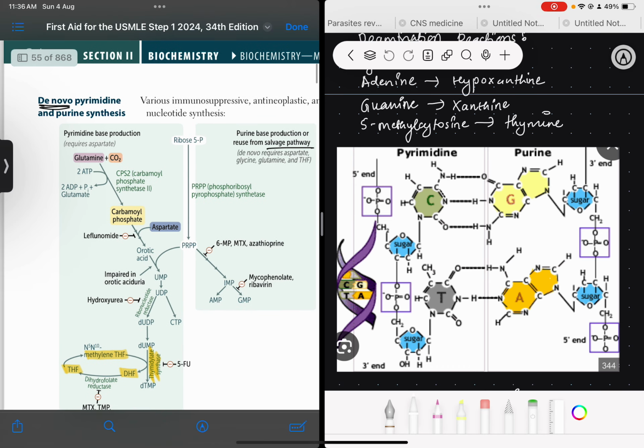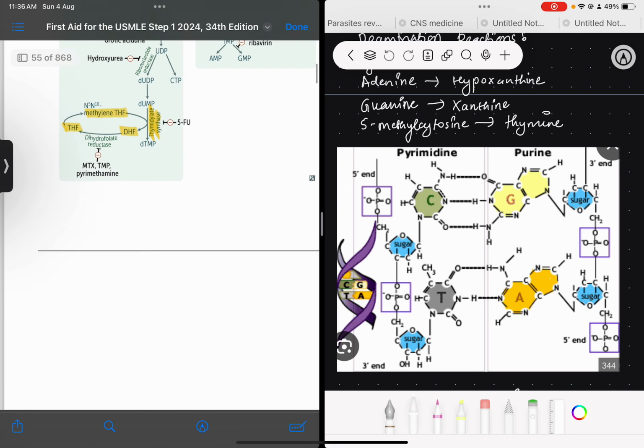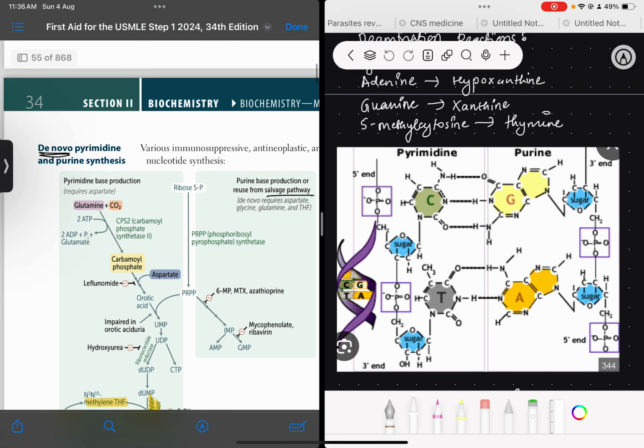Now the synthesis part. Synthesis can be done by two types, either de novo synthesis or the salvage pathway. What is de novo synthesis? De novo means you are going to synthesize purines and pyrimidines from their raw components, that is, as we have discussed, the amino acids, carbon dioxide and tetrahydrofolate take part to synthesize the purines and pyrimidines.